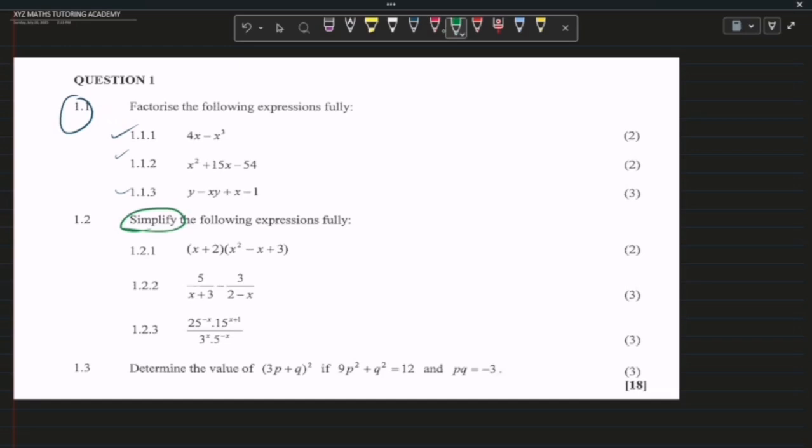But when we are simplifying, we're taking something which is clearly in its factorized state, written as a product of its factors, and we want to break it down in a way that it becomes a single algebraic expression. So that is the principle of simplification. It is simply the opposite of factorization. So let's get into it.